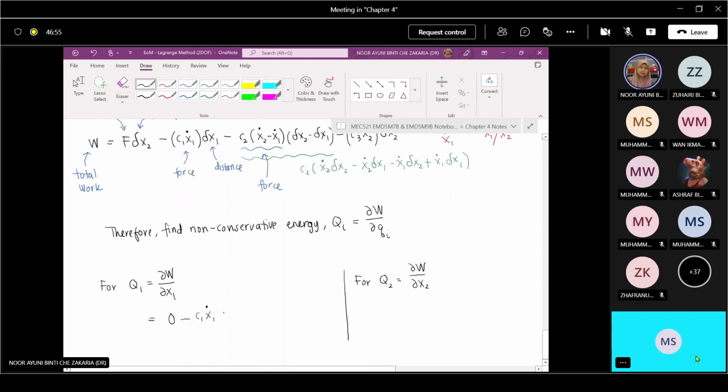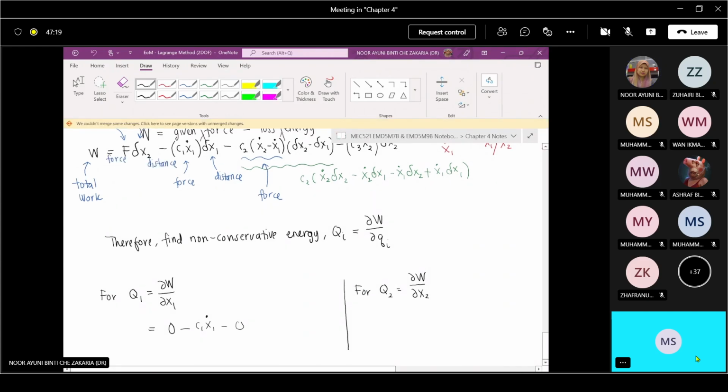We get the first one is zero, then negative x2, negative C2 x2.